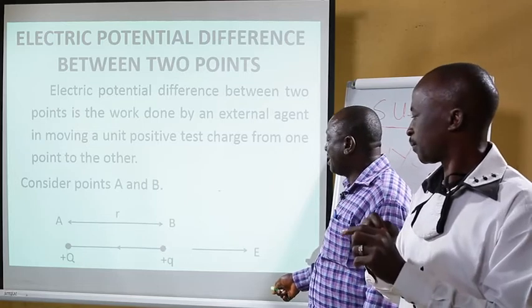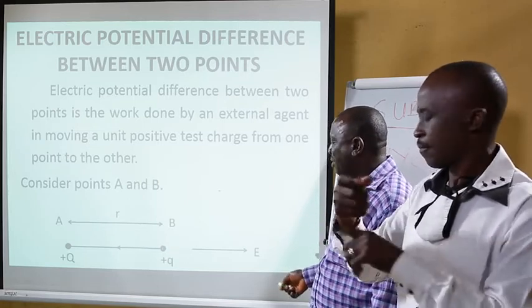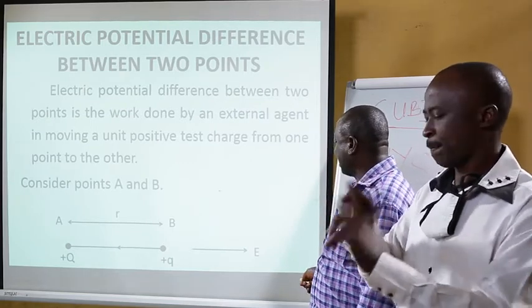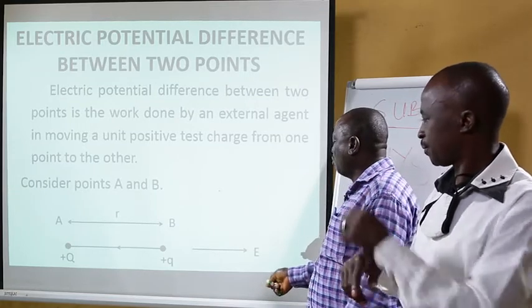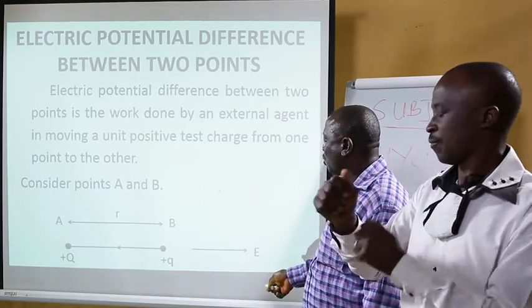So the field will be to the right, away from point B, that is away from plus small q, which is indicated by this arrow. This is our electric field.